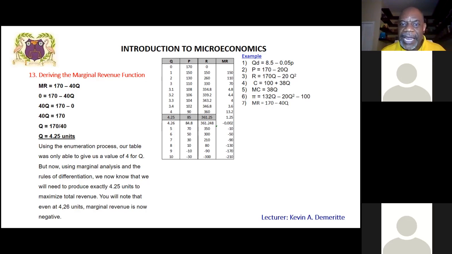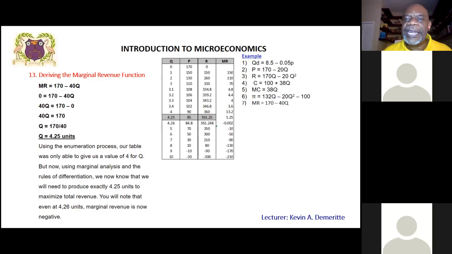It might be 4.249 or 4.2599999, not quite 4.26. But if we leave it at 2 decimal places at this point, we should be producing 4.25 units. Because if we try to go to 4.26, we find that we've gone too far. Our marginal revenues become negative.